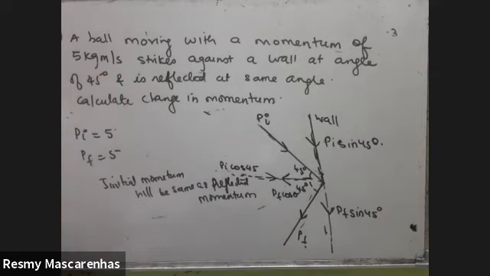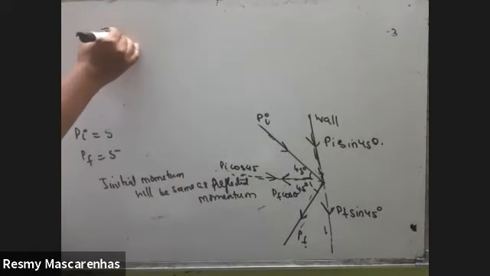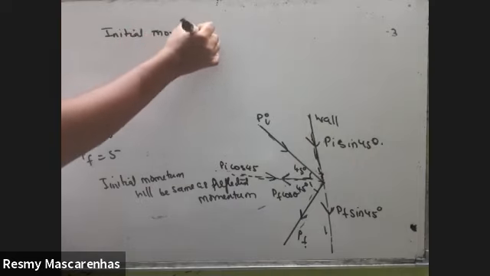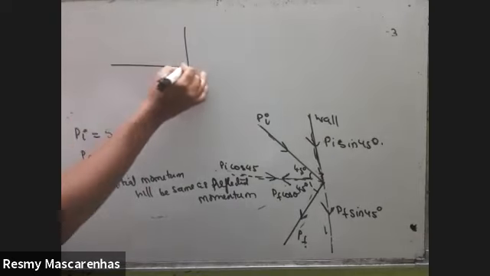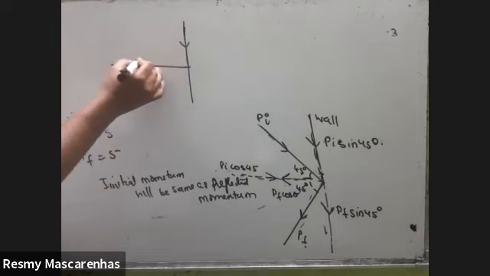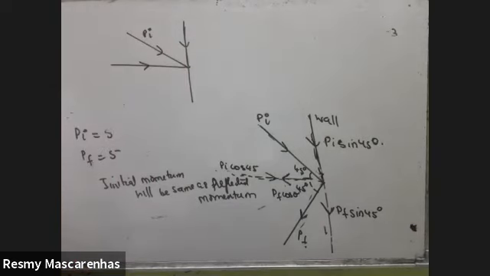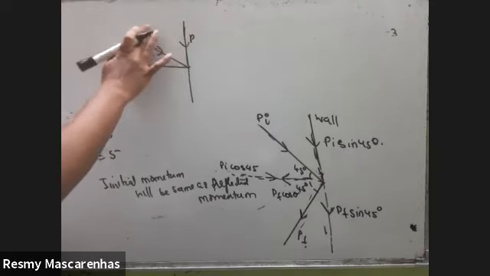Now we have to calculate separately. So we'll just calculate the initial momentum components. I will draw the diagram again. This is for Pi. Pi is how much? 5.